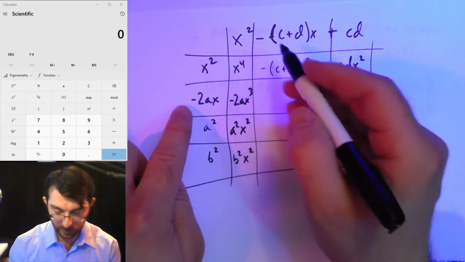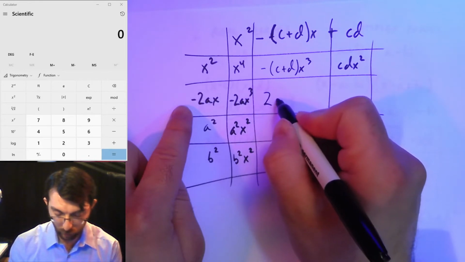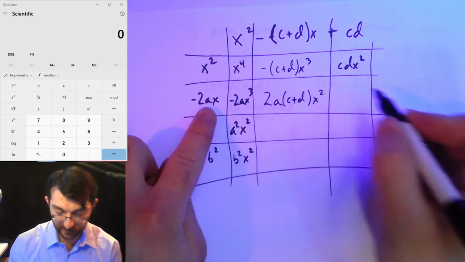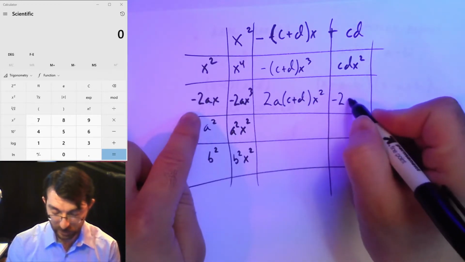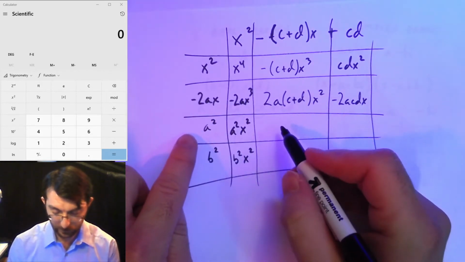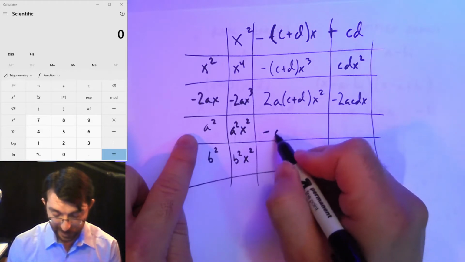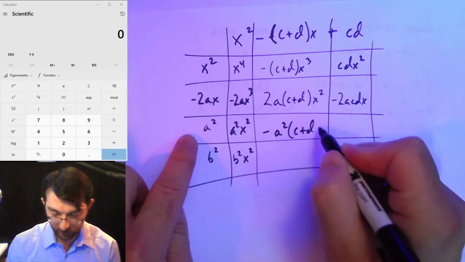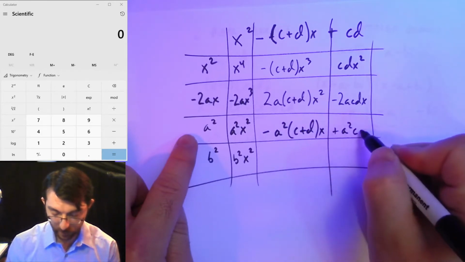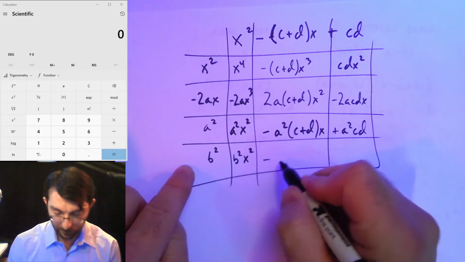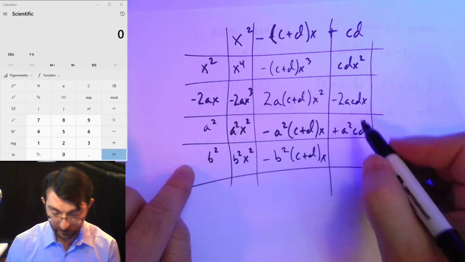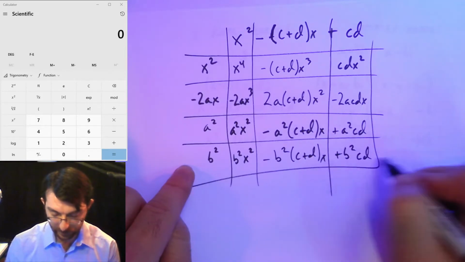Negatives cancel, so 2a c plus d x squared, minus 2acdx, minus a squared c plus d x plus a squared cd, minus b squared c plus dx plus b squared cd.